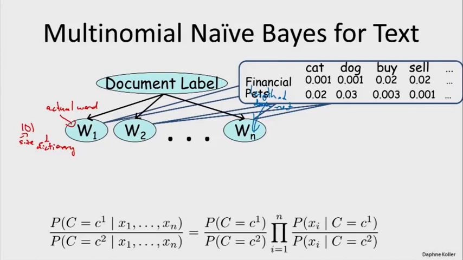So what we see here is not the same as what we saw in the previous slide, where we had a bunch of binary random variables. Here, this is a multinomial, which means that all of these entries sum to 1. And it's a naive Bayes model because it makes, again, a strong independence assumption, a different independence assumption.